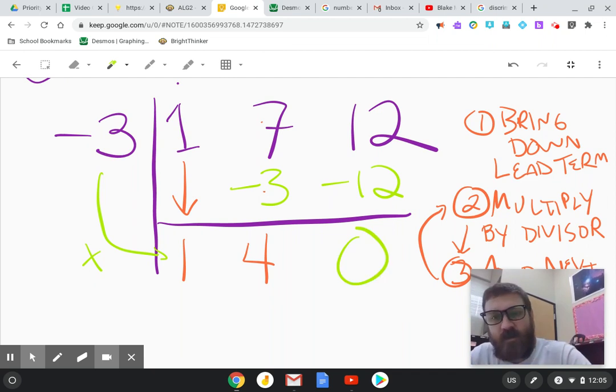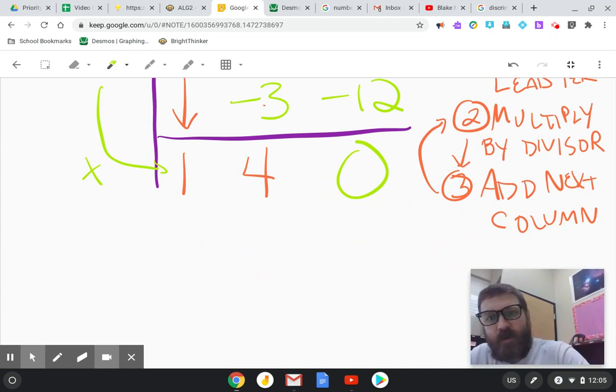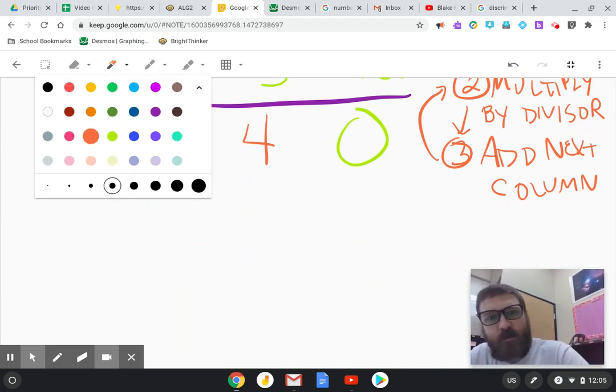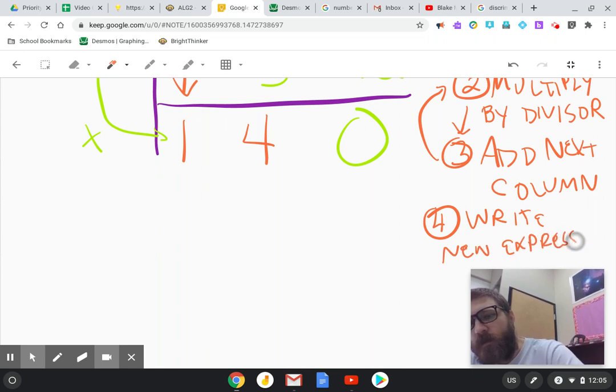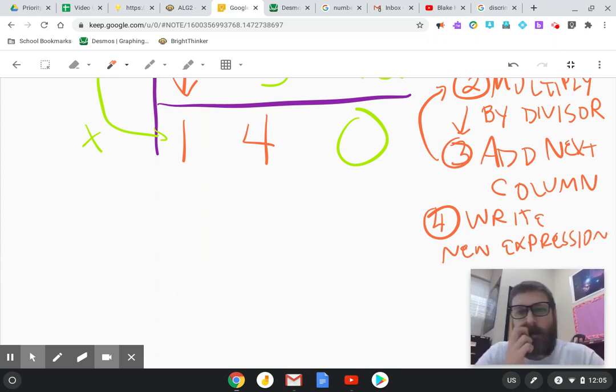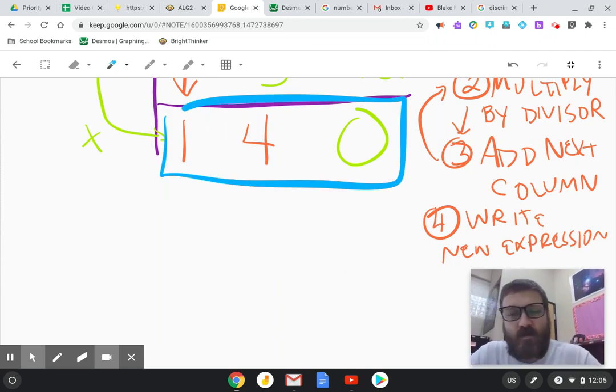So that means that there is no remainder. After I'm done repeating that process multiple times, I'm going to rewrite the new expression. The new expression in this case is going to be this rewritten as x's and coefficients.